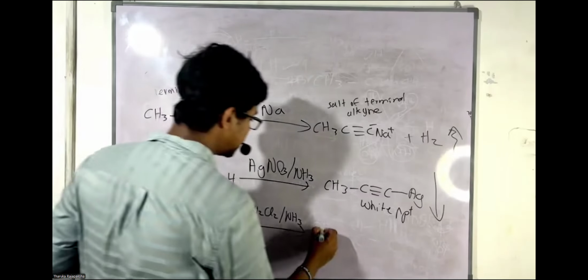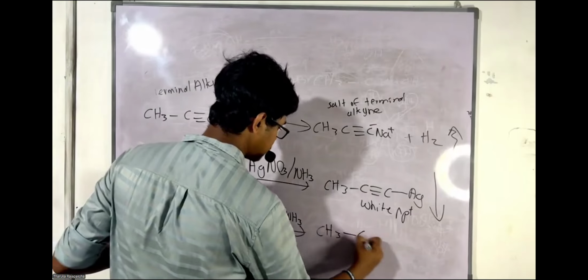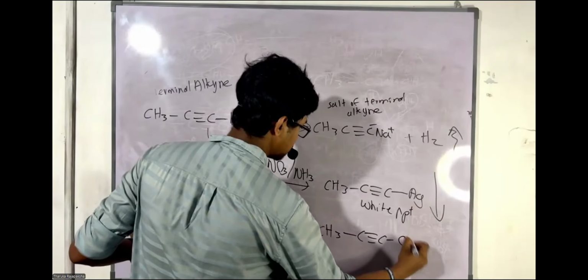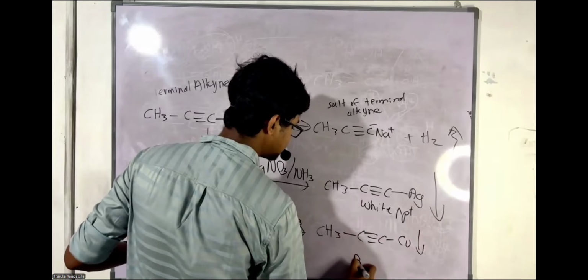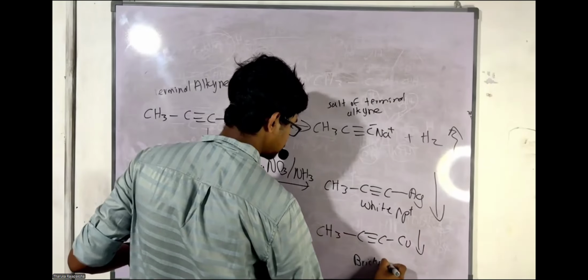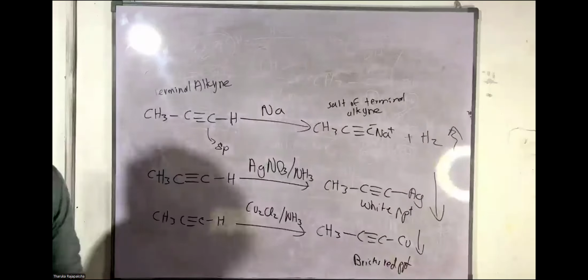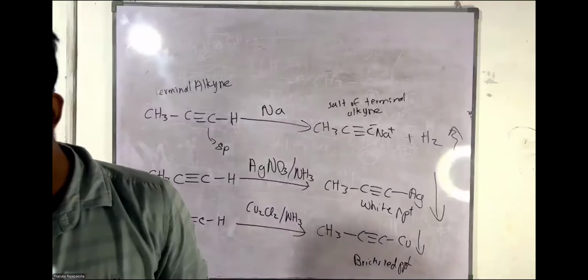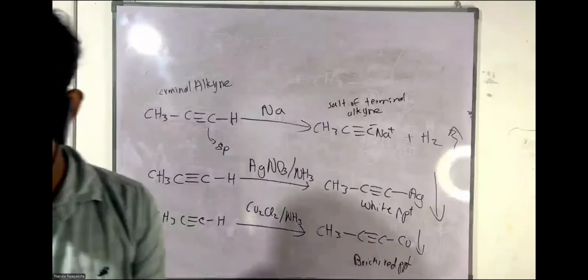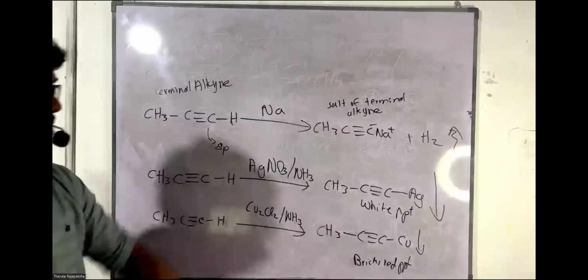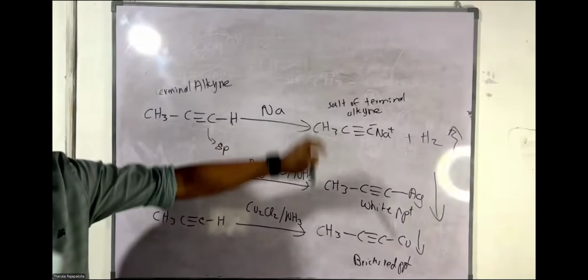So copper will attach to this to form a Briggs red precipitate. So this will give precipitates like this. These two are precipitates. This one is not a precipitate.